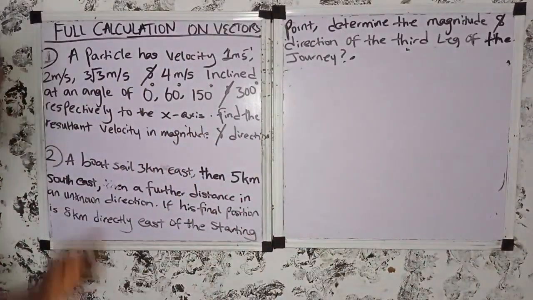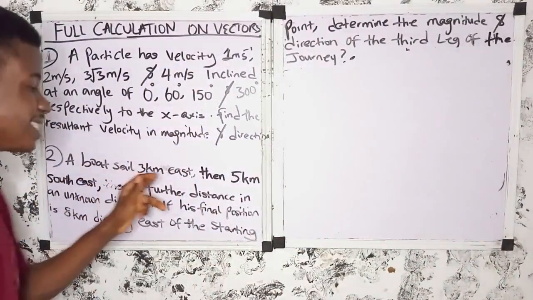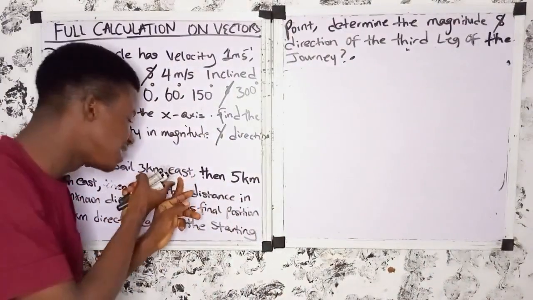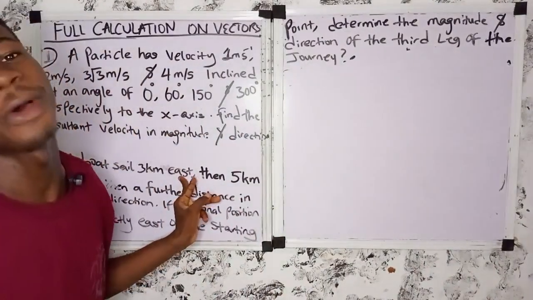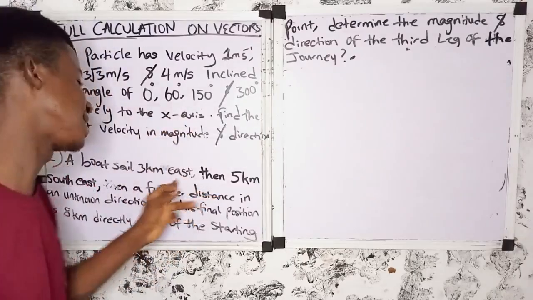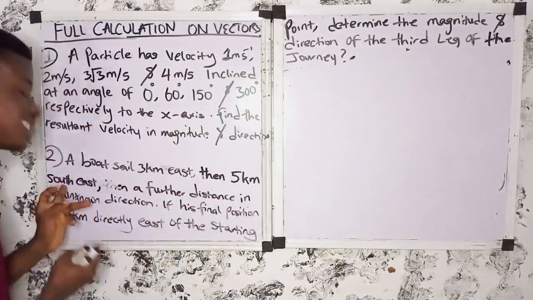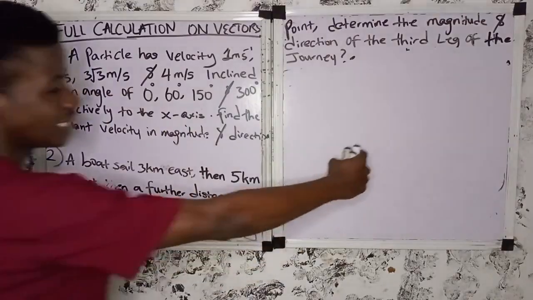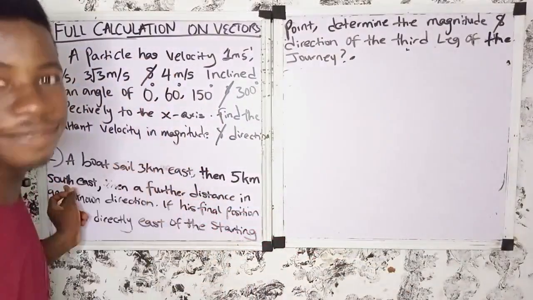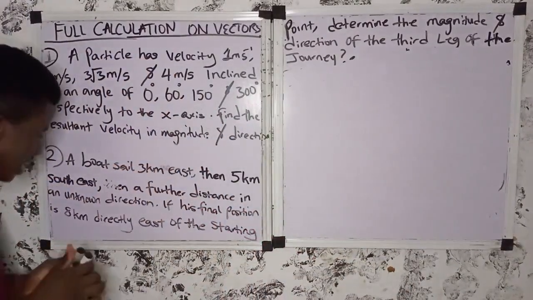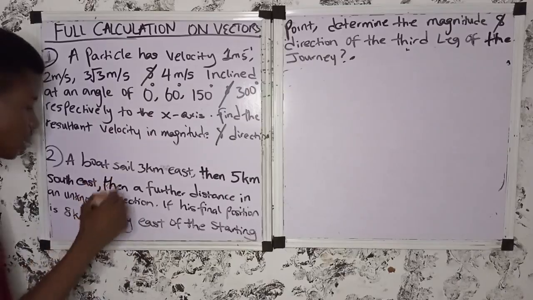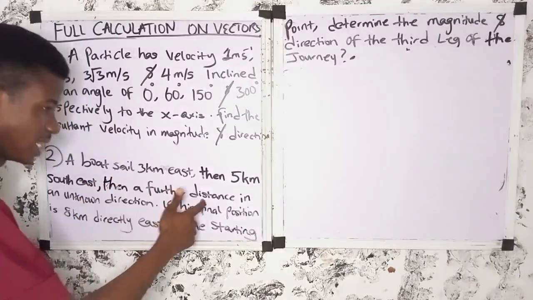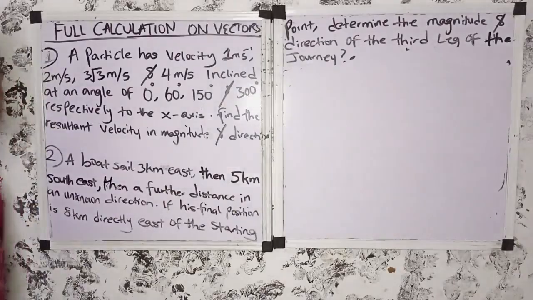Let's say a boat sails 3 kilometers east. East is 0 degrees or 360 degrees. Then 5 kilometers southeast. Southeast is 315 degrees. Then a further distance in an unknown direction.